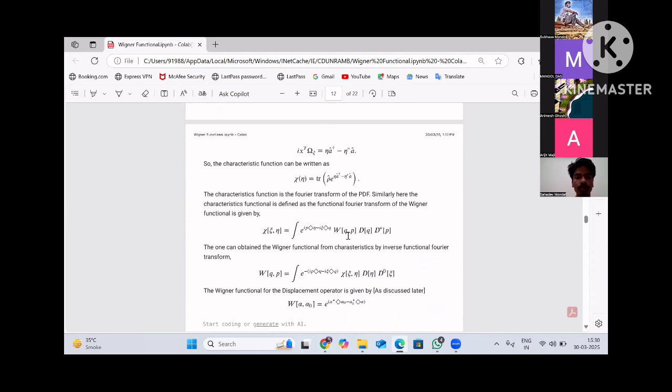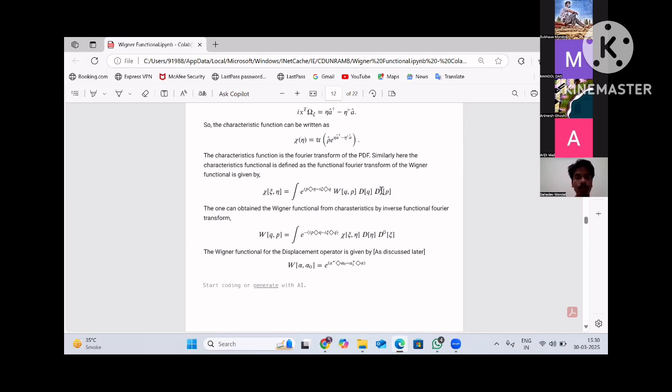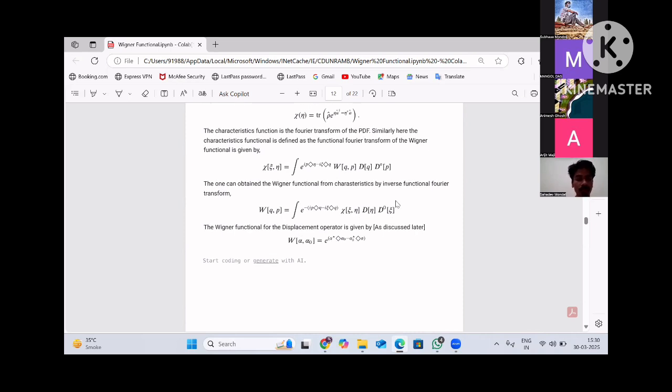Putting a cap and a dagger into the equation and taking the inner product, you find that the characteristic function is the Fourier transform of the Wigner function. Here dq is the measure of q in the coordinate basis, and dp is in the momentum basis.